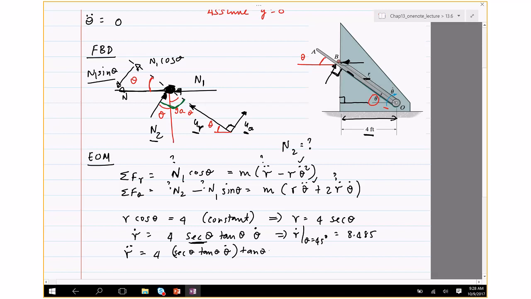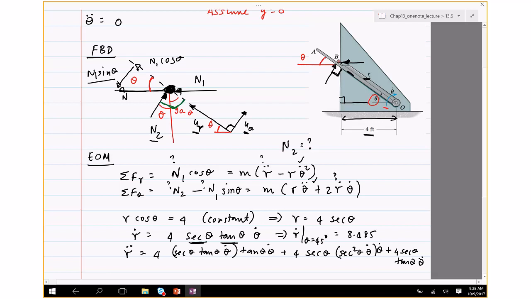Then I keep the secant constant, and I take the derivative of tan theta. So what's the derivative of tan theta? It's secant squared. And then take the derivative of theta, so it's going to be theta dot times theta dot. This theta dot is the same thing here. And then finally I keep secant and tan theta as they are, and then take the derivative of theta dot, theta double dot. So I get this expression.